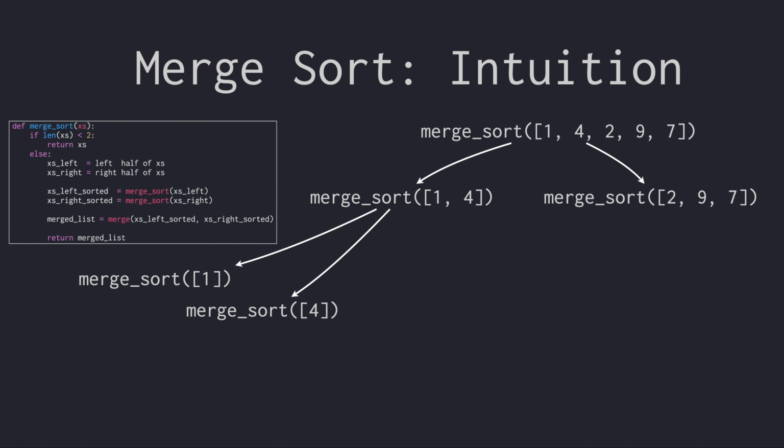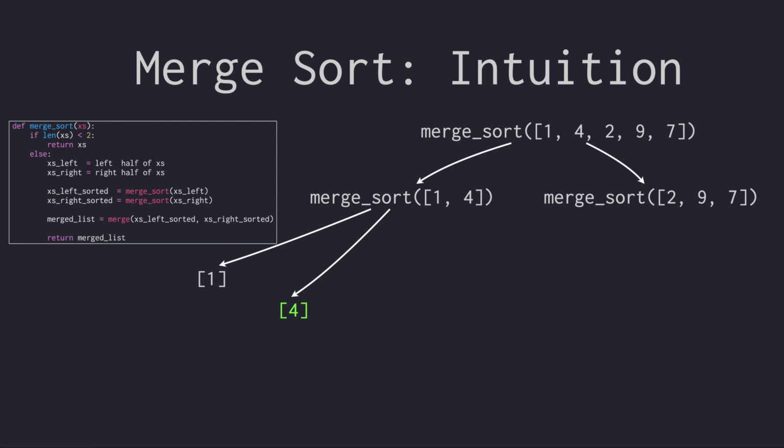Well, now, if you call merge sort with the list that just contains 1, it goes into the base case because its length is less than 2, and it returns the original list. So merge sort of just 1 is just a list of 1. And this is great. This is exactly what we were looking for. Instead of going into an infinite cycle, we stop. Using similar logic, merge sorting a list of 4 just becomes a list of 4.